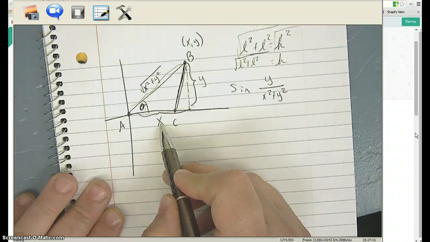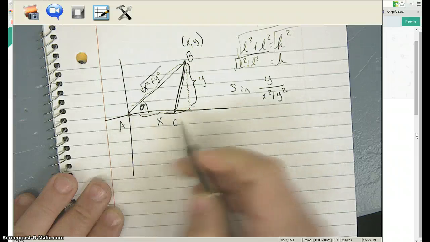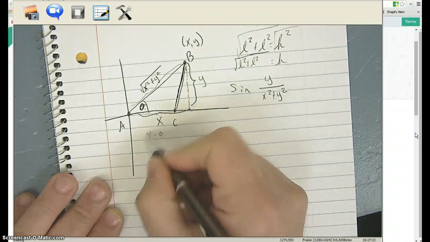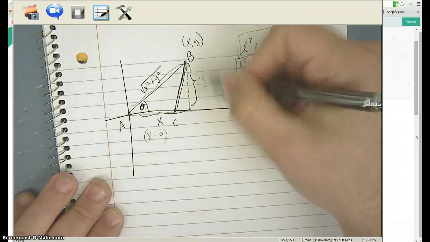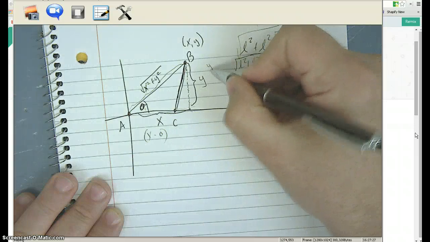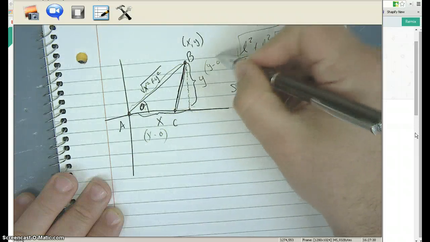How did we derive this as x? Well, it's x units over from 0, so x minus 0. So this is still derived the same way, and this is y units up from 0, so y minus 0.